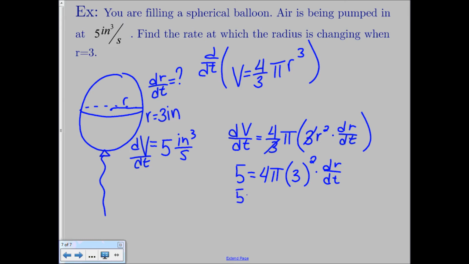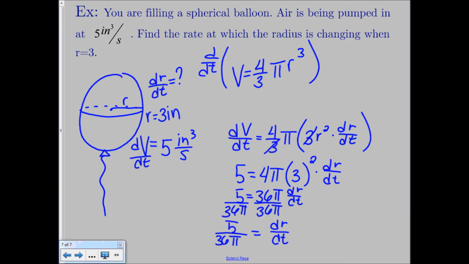So again, now we're just going to simplify and solve for dr/dt. So we get that 5 is going to be equal to 3 squared is 9, 9 times 4 is 36, so 36 pi dr/dt. And now to get dr/dt by itself, we'll just divide both sides by 36 pi. We're going to get that 5 over 36 pi is equal to dr/dt.